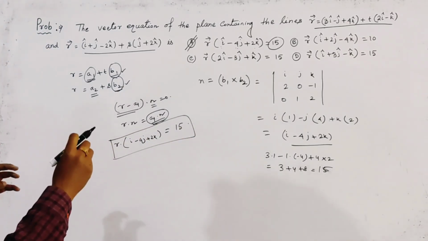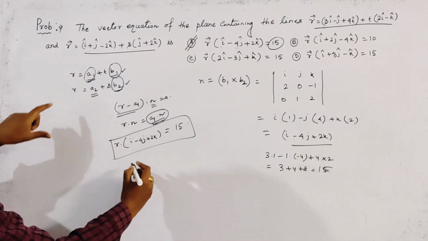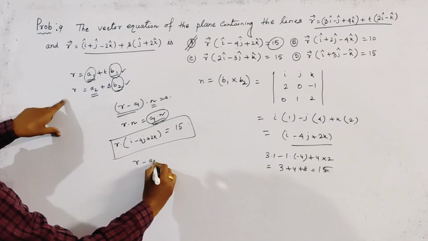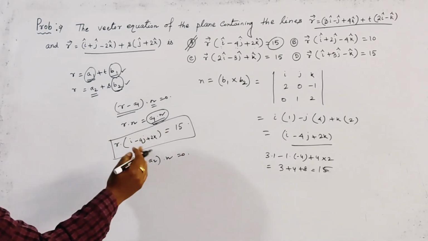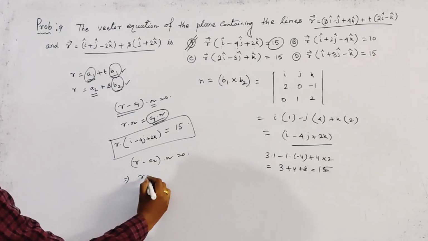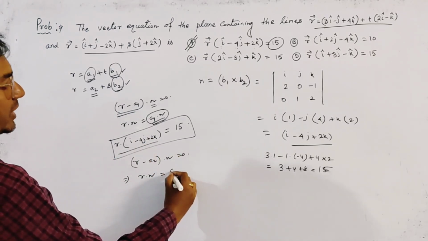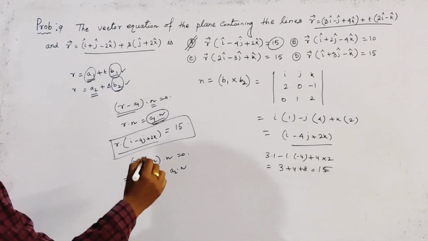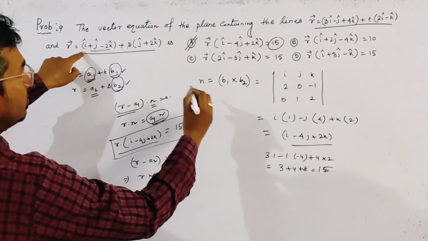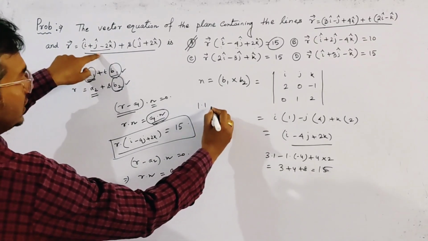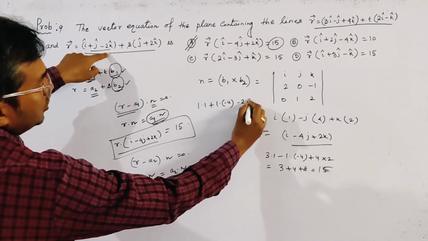We also get another answer for a broad type problem. The equation is given by (r minus A2) dot n equals 0. For this case also, r dot n, the left side, is the same, but the right side is different, A2 dot n, because the dot product is 1 into 1 plus 1 into minus 4 minus 2 into 2.